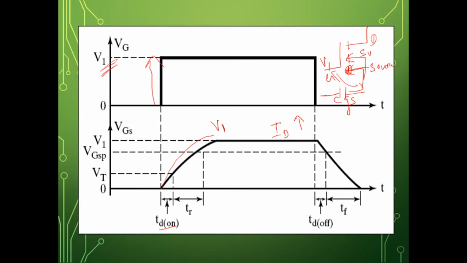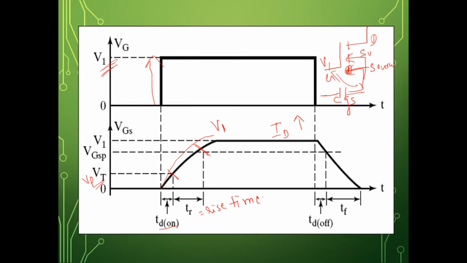So once your gate voltage reaches the threshold voltage or your pinch off voltage, the channel is formed. So that duration is called the delay time during on, and the time from the threshold up to 90% of this V1, you call it the rise time.